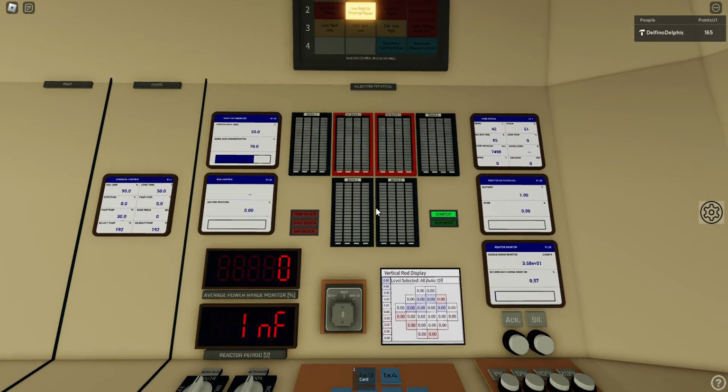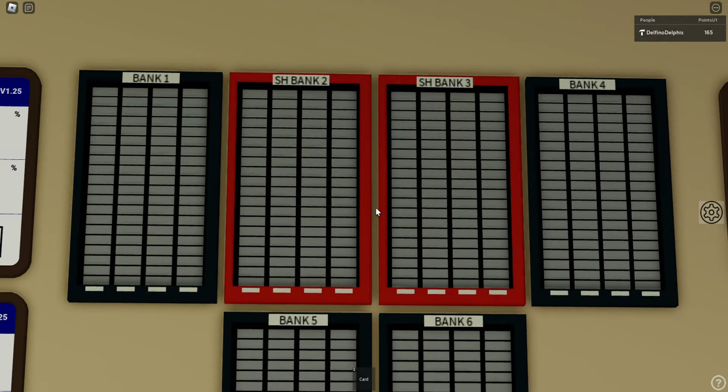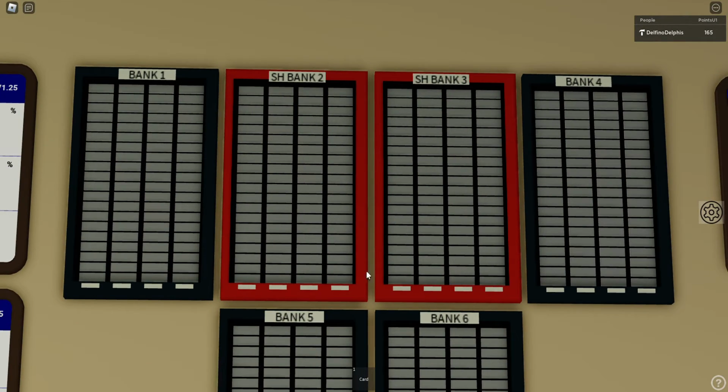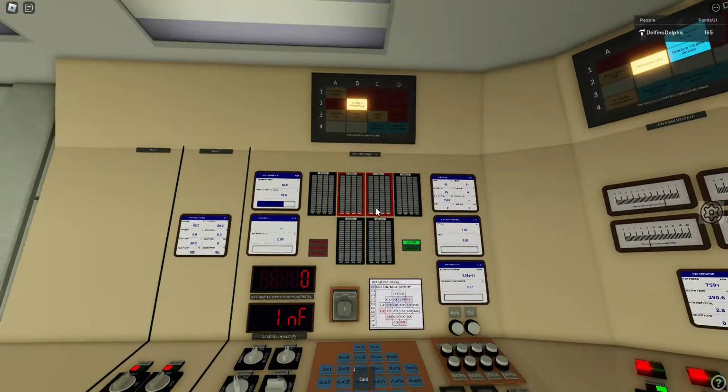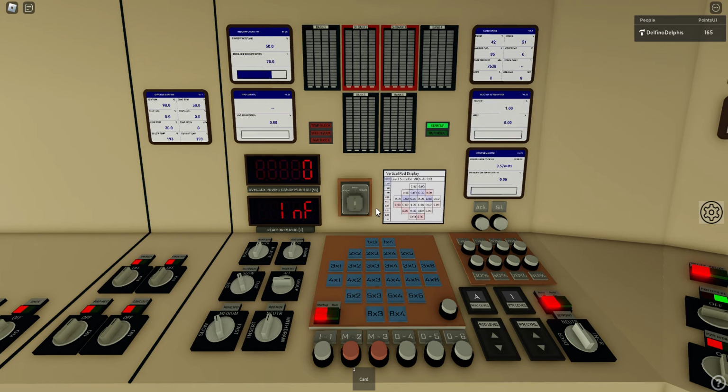Normally in a PWR you work with some banks of rods, so these are the shutdown banks. You should pull them first because that's how the procedure is designed. They should be all the time pulled out, at least during startup, because they give you some buffer in the reactivity. You can always cram them back to the reactor.